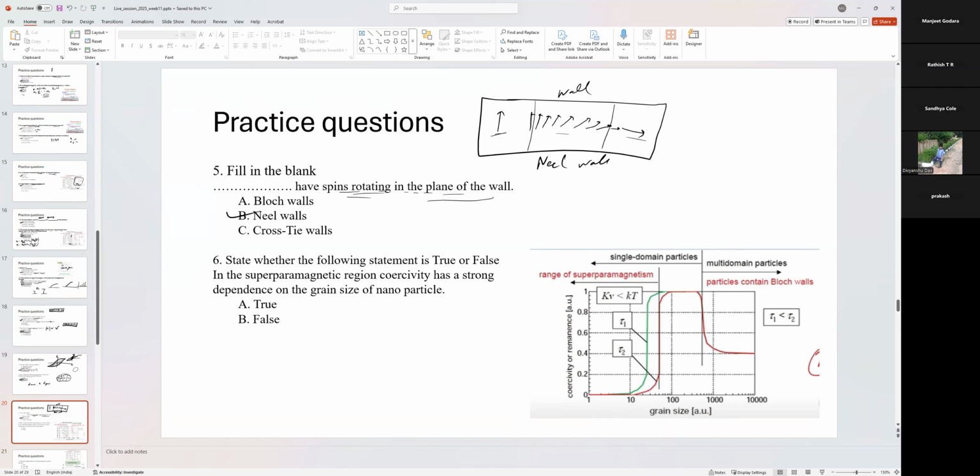State whether the following statement is true or false. In the superparamagnetic region, coercivity has a strong dependence on grain size. Superparamagnetism mostly comes into play in this zone. Here, thermal energy is larger than the magnetic energy. In that case, coercivity is almost zero and is independent of the grain size. It's false.